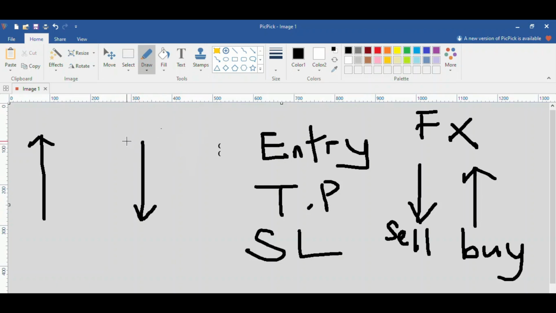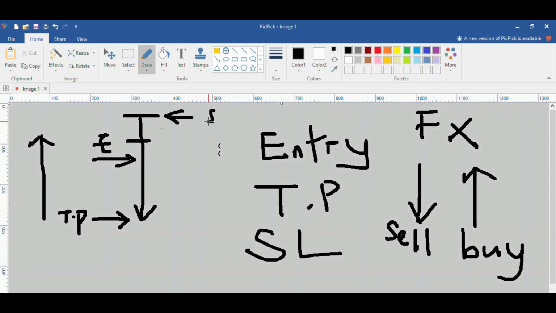For a sell there is always an entry point, a take profit point, and a stop loss.